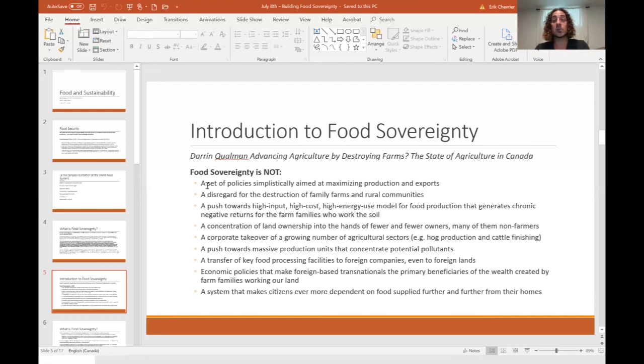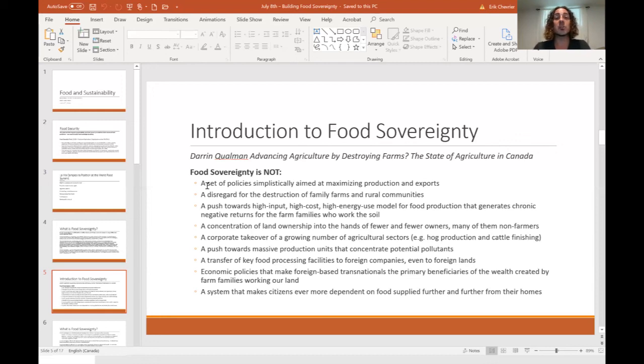It's not a push towards massive production units that concentrate potential pollutants. It's not a transfer of key food processing facilities to foreign companies and foreign lands. It's not economic policies that make foreign-based transnationals the primary beneficiaries of the wealth created by family farms. It's not a system that makes citizens more dependent on a food supply that comes from further from their home.